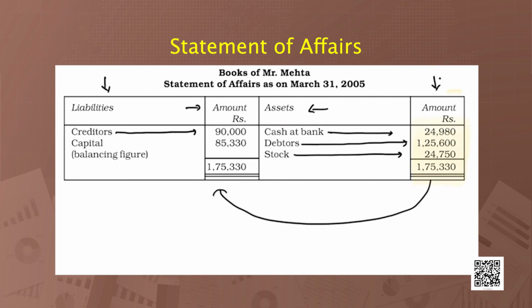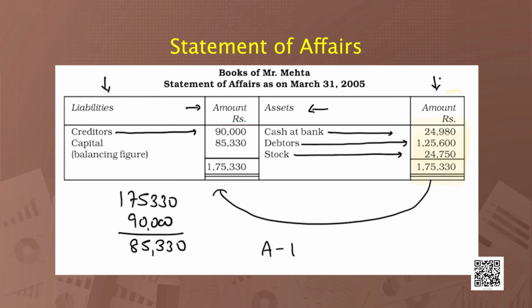But we place just one thing, that is creditors. So, we are going to deduct this 90,000 from the total, which gives me 85,330. And this is my balancing figure.